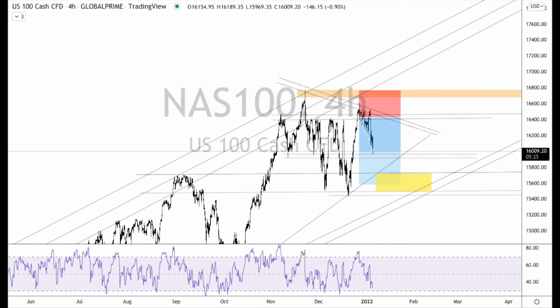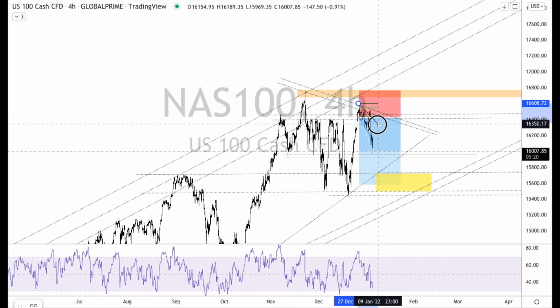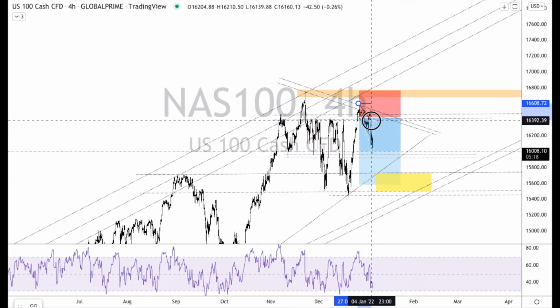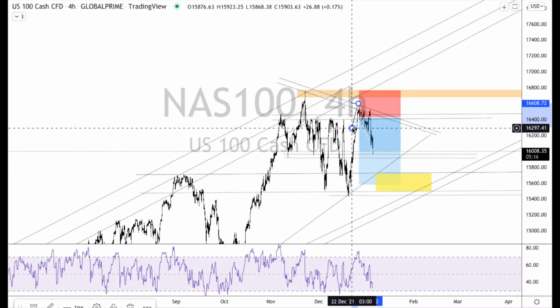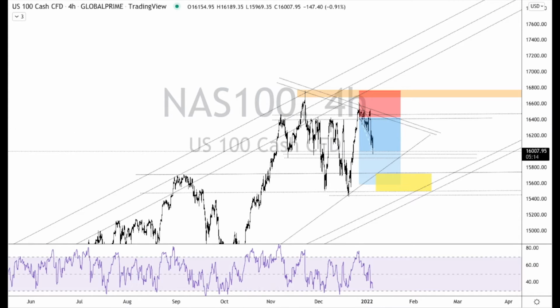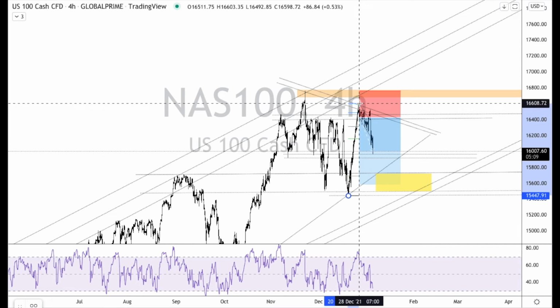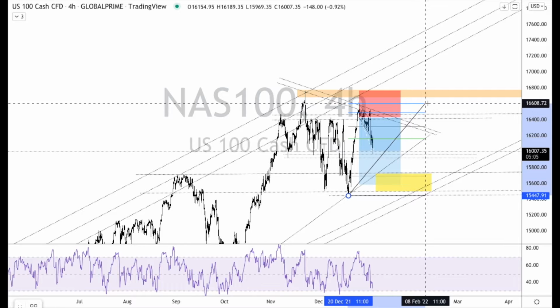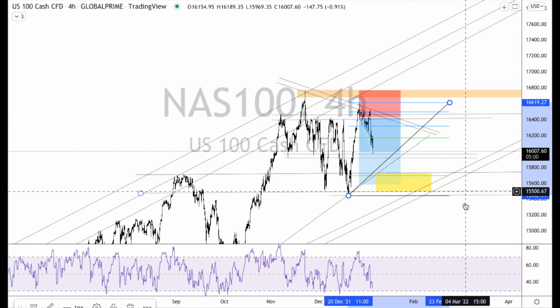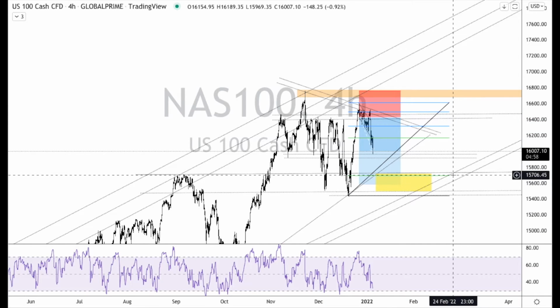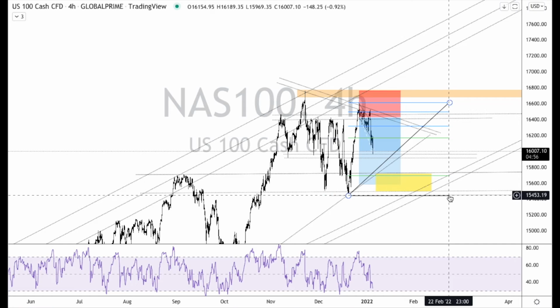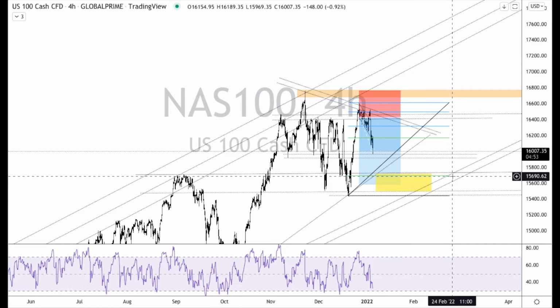Now, let me bring in the fib and see what the recommendation is. So the fib, from this point to this point, is a good area to pick up from.